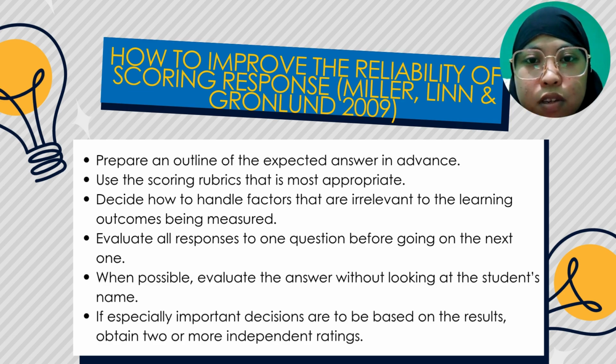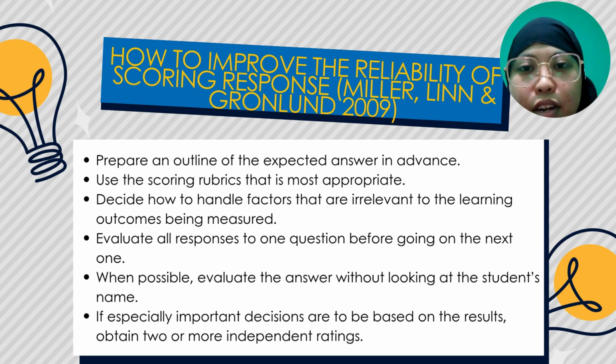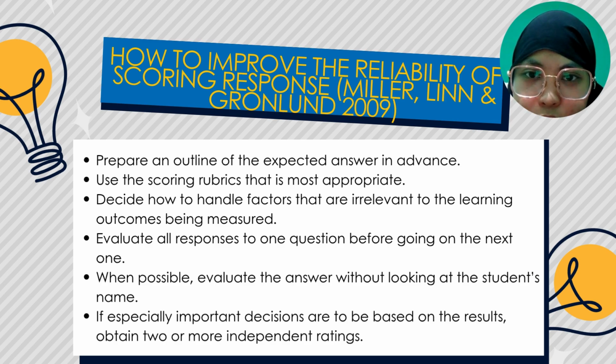The third one is to decide how to handle factors that are irrelevant to the learning outcomes being measured. And the fourth one is to evaluate all responses to one question before going on to the next one. And the fifth one is, if it's possible, to evaluate the answer without looking at the student's name.